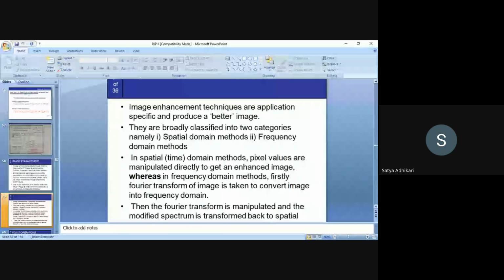But in the frequency domain, we cannot manipulate the pixel values directly, so we have to transform first. We already discussed what transformation is. That is why the transformation is required.